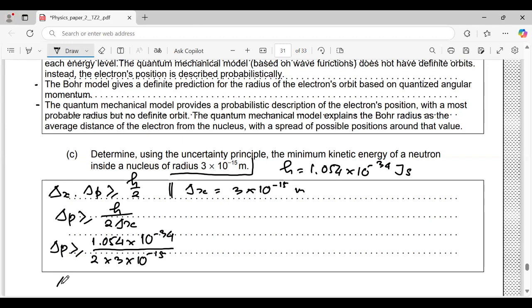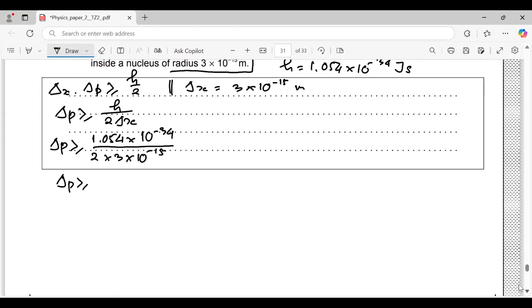If we calculate, delta p is greater than or equal to 1.76 times 10 power minus 20 kilogram meter per second.